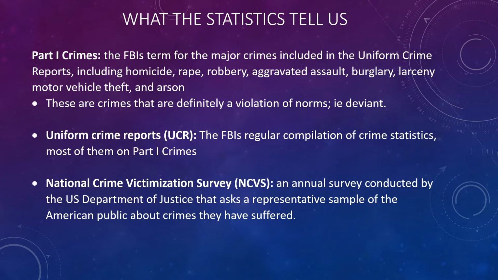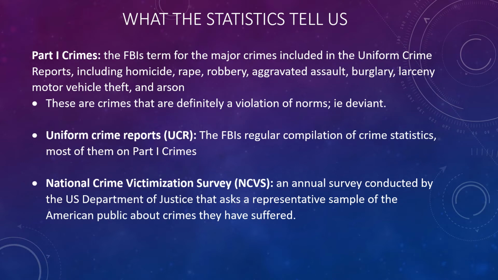These include homicide, rape, robbery, aggravated assault, burglary, larceny, major motor theft, and arson. These are crimes that are absolutely a violation of norms. Nearly everybody in society sees these crimes as being deviant, as being a problem.